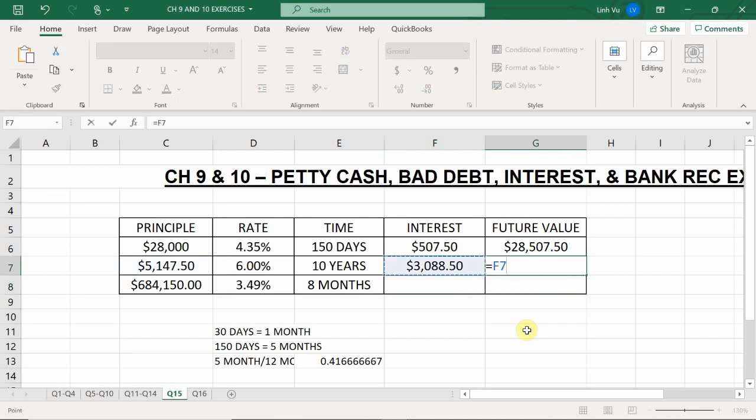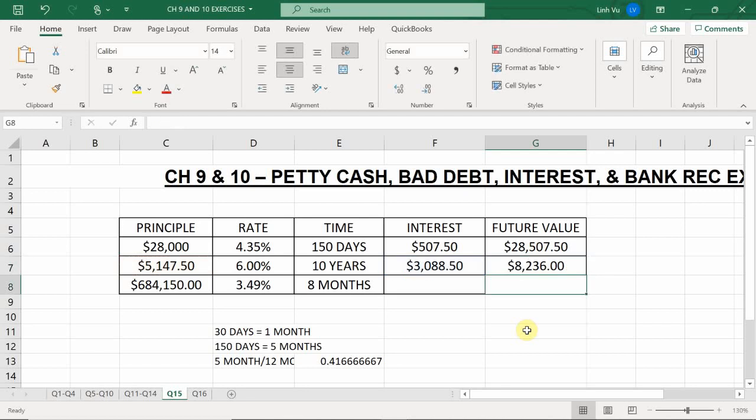So then that makes my future value $8,236 even.